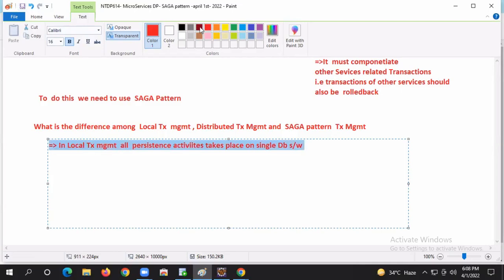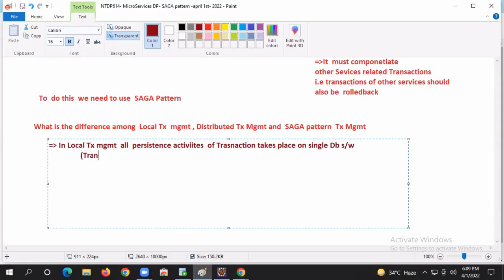Are you understanding my statement, guys? All persistence activities take place on what? Single database software. That means all persistence activities of the transaction take place on a single database software.